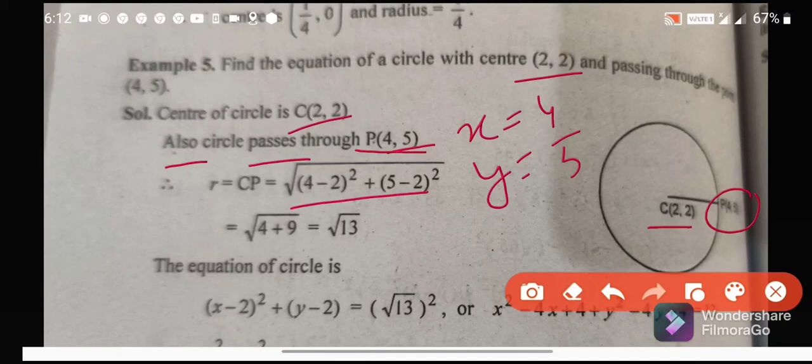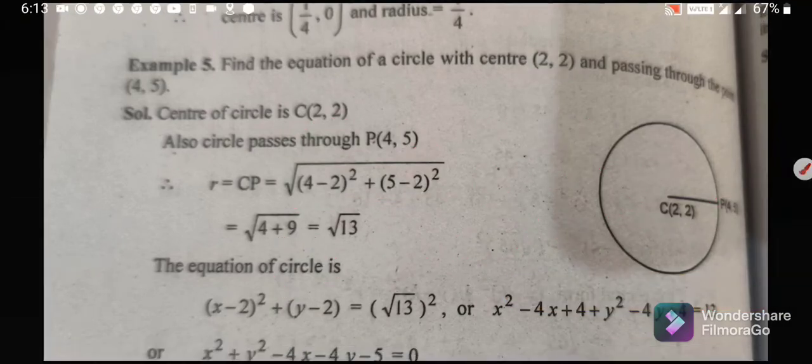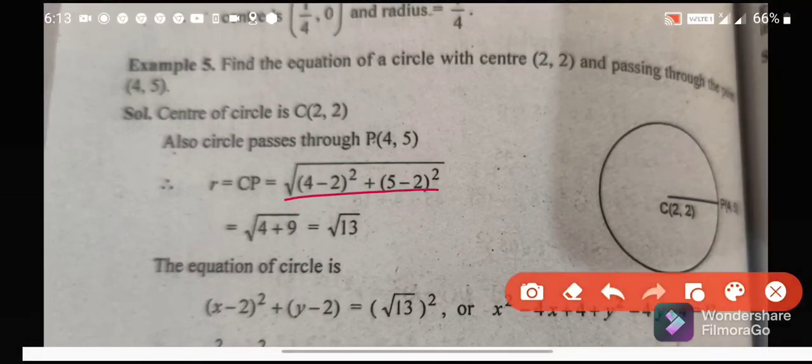in the equation of the circle, (x minus h) square plus (y minus k) square, which is equal to r square. Now put x is equal to 4 and y is equal to 5. Now by solving this, r is equal to under root of 13.